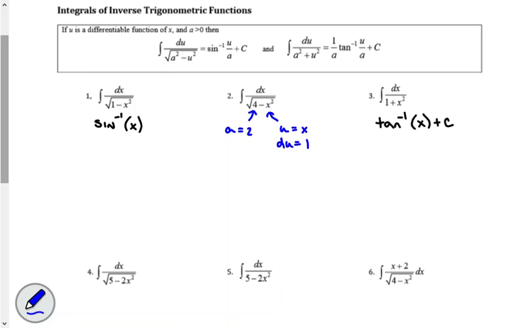Just 1 dx, right? So we don't have to worry about u sub. So we can just say this would be equal to inverse sine of u over a plus c. But if I had something other than 1, I'd have to divide by that number out in front. Okay?